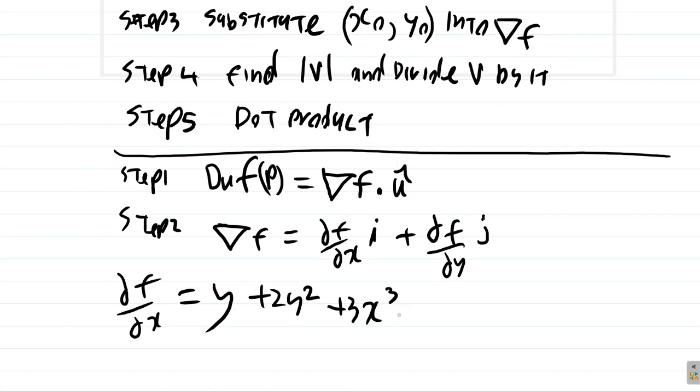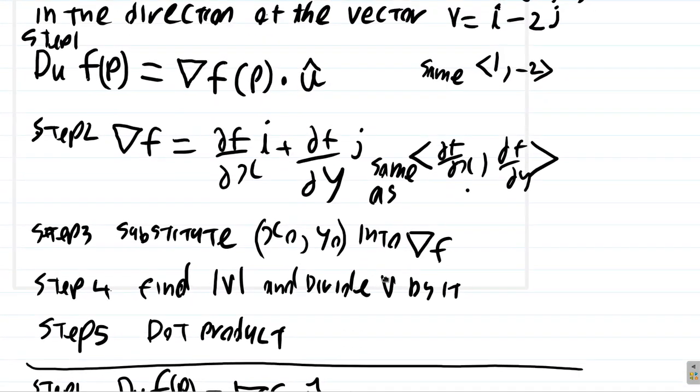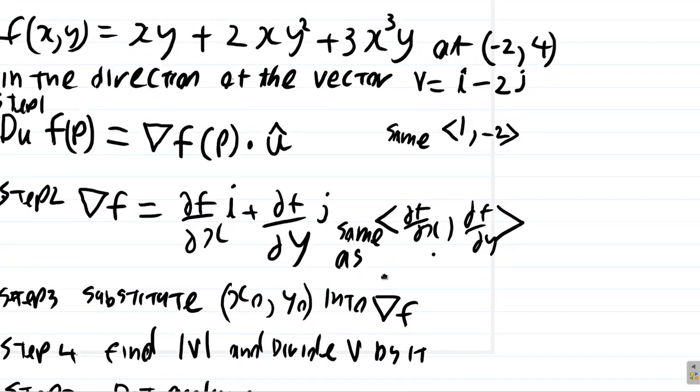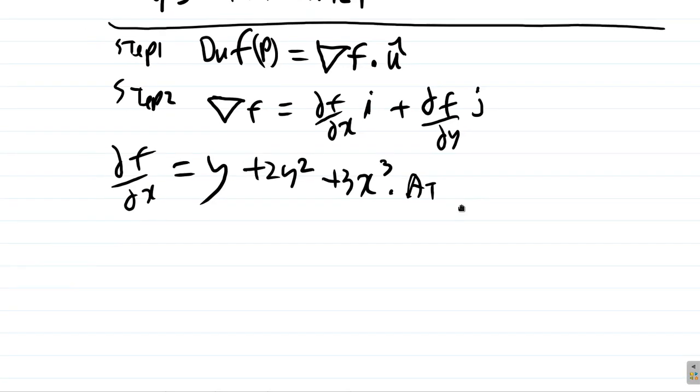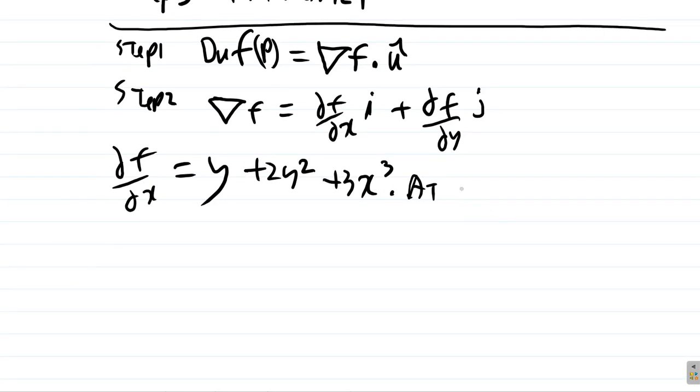Now, at, what was it? At negative 2, 4. At negative 2, 4, ∂f/∂x is equal to.